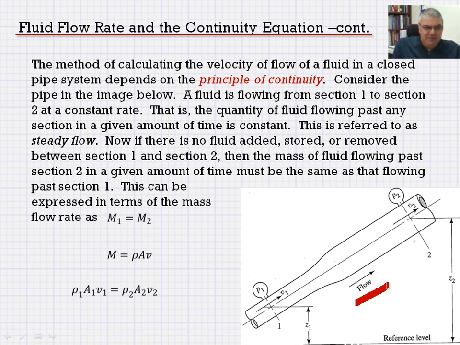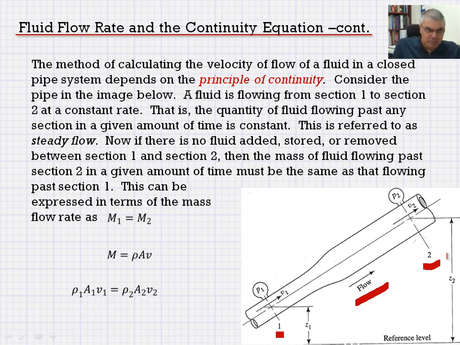So there are two sections here, section 1 and section 2, and there would be a fluid flow. Fluid would be flowing past section 1, and it's going to continue, and it's going to pass through section 2. Okay. So the quantity of fluid flowing past any section in a given amount of time is constant.